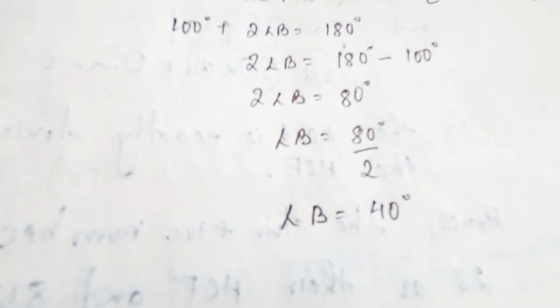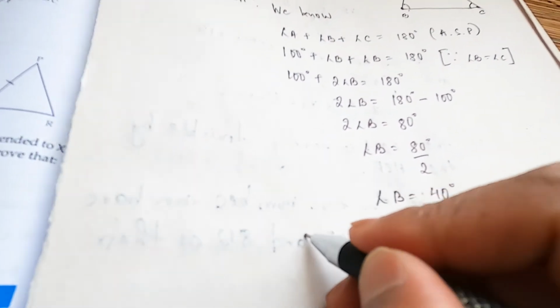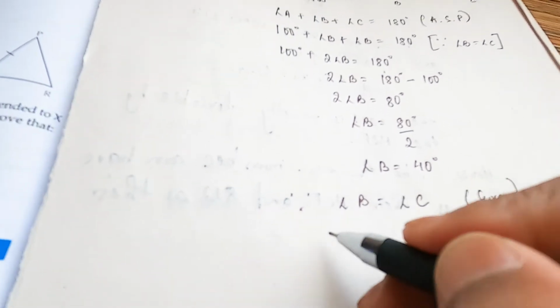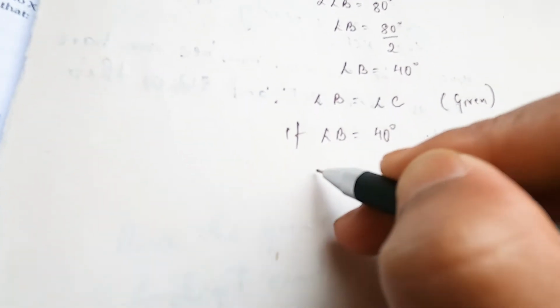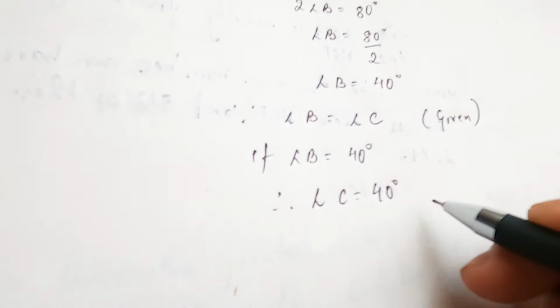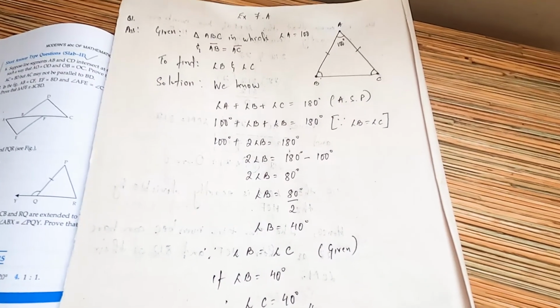So angle B we have found out. Now next we have to find angle C. So you write here, since angle B is equal to angle C, given, that is from the question. If angle B is 40 degrees, therefore angle C is also 40 degrees. So this will be your answer.